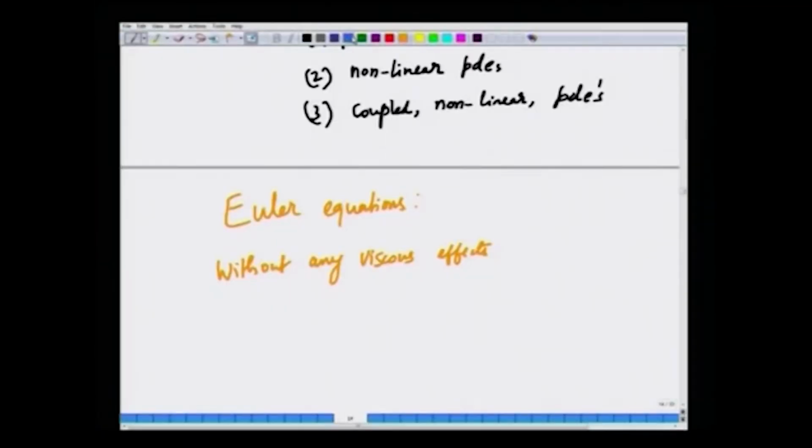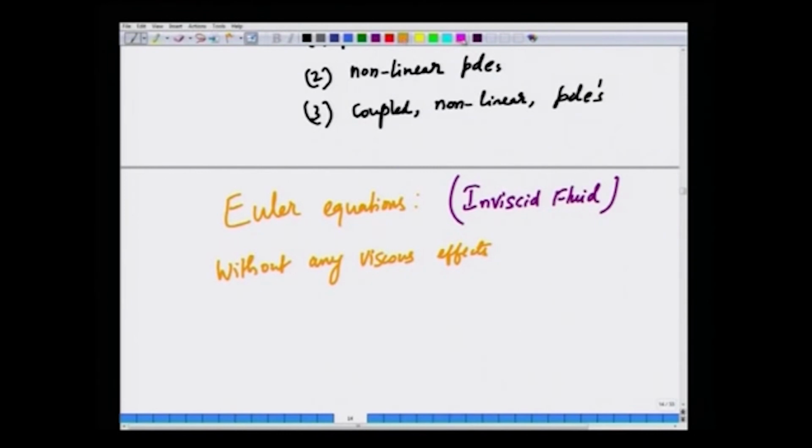All fluids have some viscosity, some may be higher, some may be lower, but they do have some non-zero viscosity. But if you consider a hypothetical fluid of 0 viscosity, then we get what is called the Euler equation. So, this is applicable for an inviscid fluid. By that we mean a fluid with 0 viscosity, that is a non-viscous fluid.